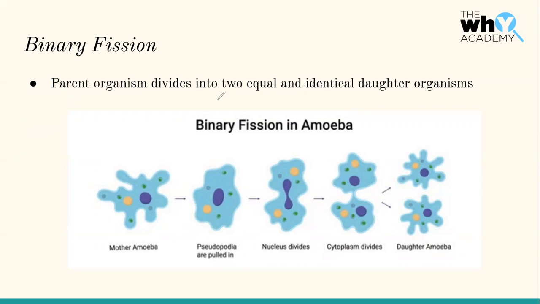Here you need to remember the steps: first the nucleus divides, second the cytoplasm divides, and third daughter cells are formed. So first nucleus, then cytoplasm, then daughter amoeba. I don't think there's much to explain in this. You remember pseudopodia, called false feet. Pseudo is false.